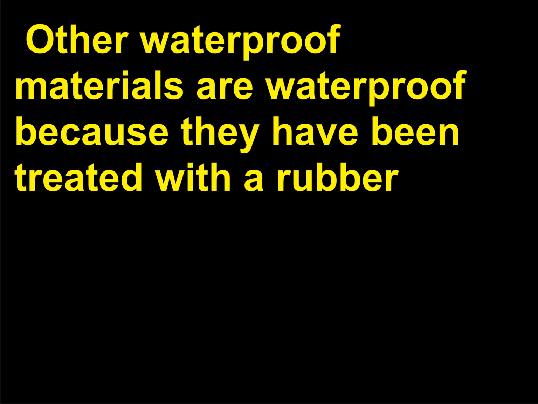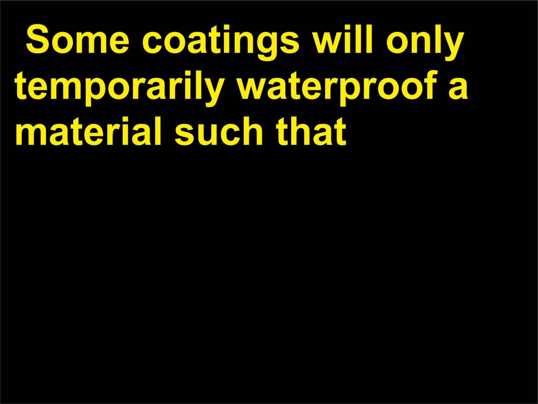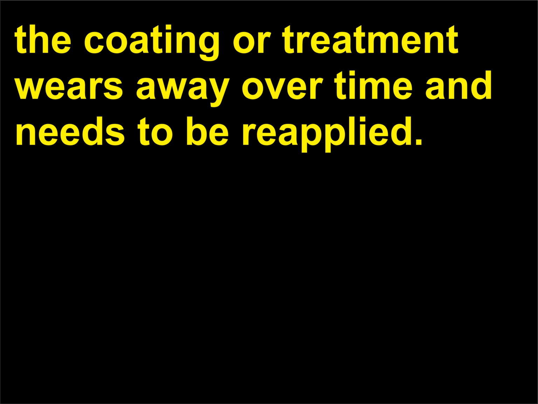Other waterproof materials are waterproof because they have been treated with a rubber or some other coating that keeps water out. Some coatings will only temporarily waterproof a material, such that the coating or treatment wears away over time and needs to be reapplied.